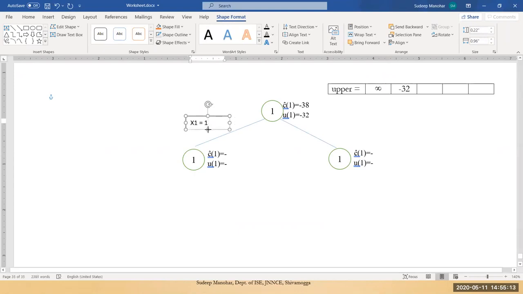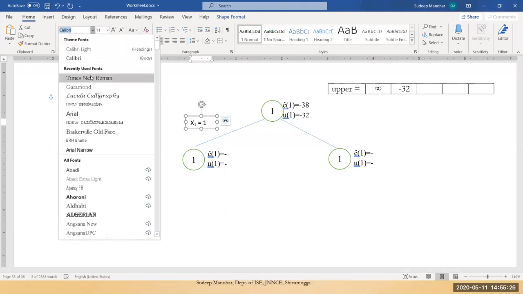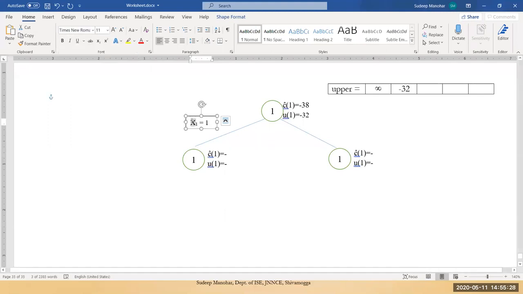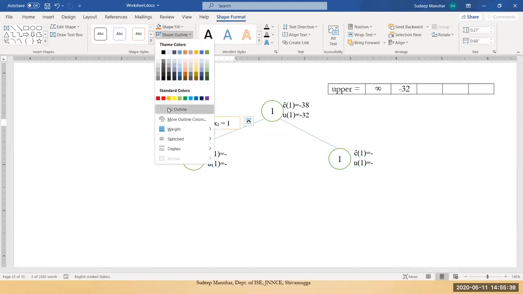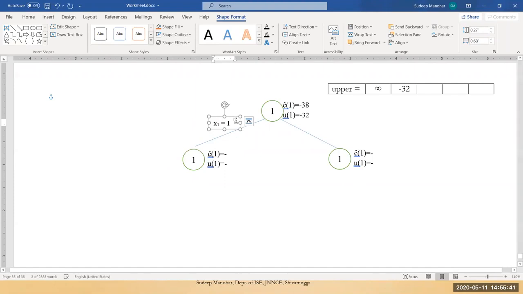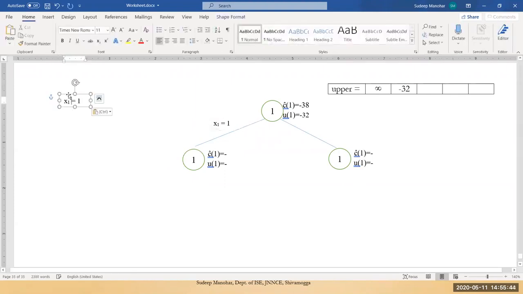So left one is with and right one is without, as we have followed in the previous problems. This is x1. The right one is x1 is equal to 0.